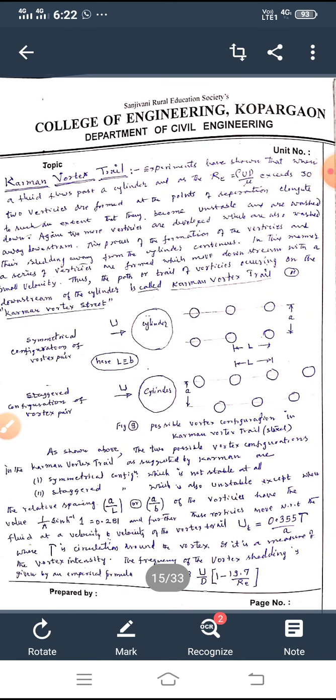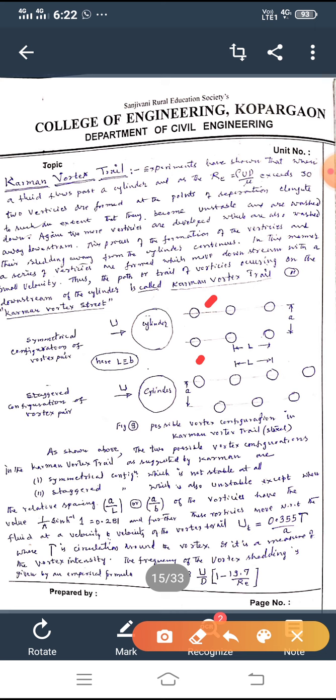Karman vortex trail. What happens when the value of Re exceeds 30? Two vortices are formed from the stagnation point, for example, this is one and this is one, and these become unstable and are washed away onto the downstream. Once one pair of vortices is washed away to the downstream, one more pair of vortices is formed.